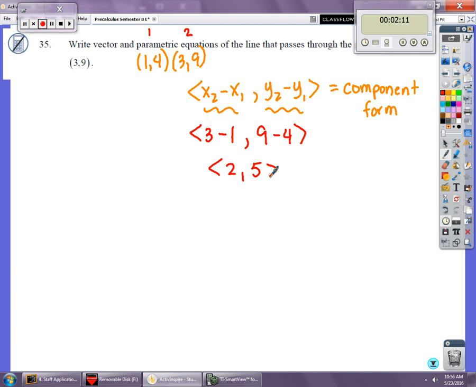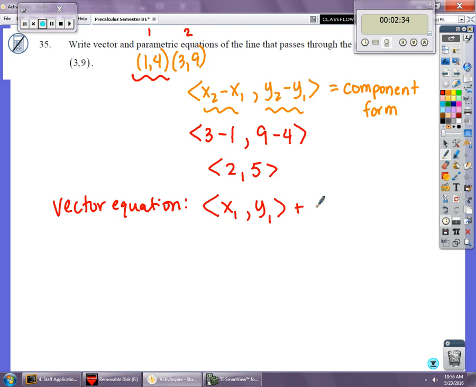A vector equation is basically where we take the starting point, which was (1, 4). What was that initial point, and then how did it change?